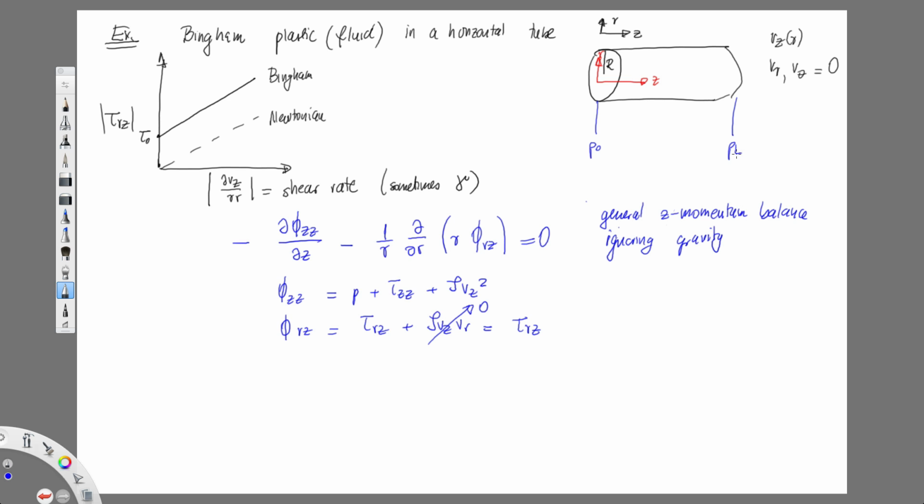So just like before, when we plug this in, I will not derive it again, we get 1 over r d dr of r tau rz is equal to minus dp dz.